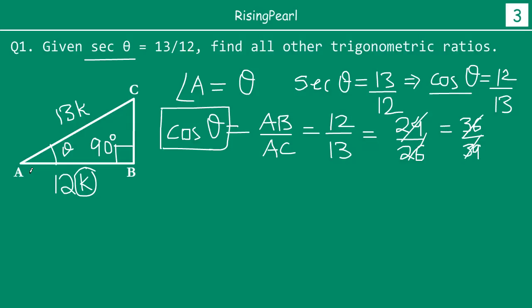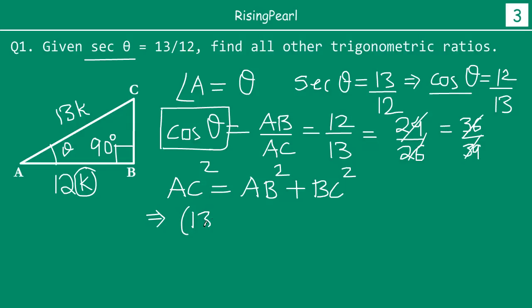Now I have a right triangle ABC and I know two sides. So applying Pythagoras theorem, I can find BC. So let's write it. Applying Pythagoras theorem, AC square is AB square plus BC square. BC is my unknown side. So we can write AC square is 13k square, AB is 12k square, plus BC square.